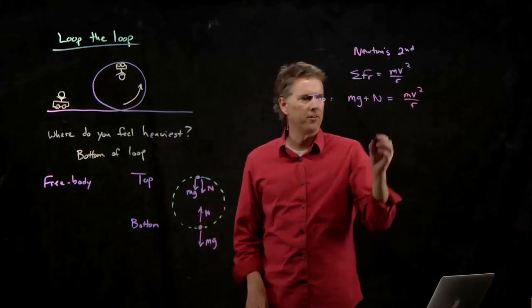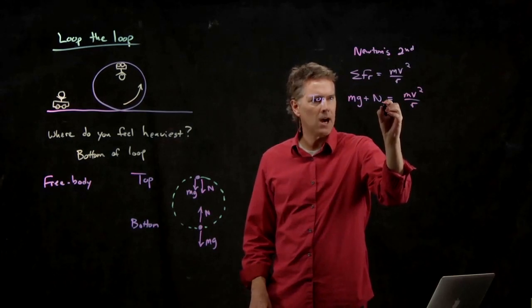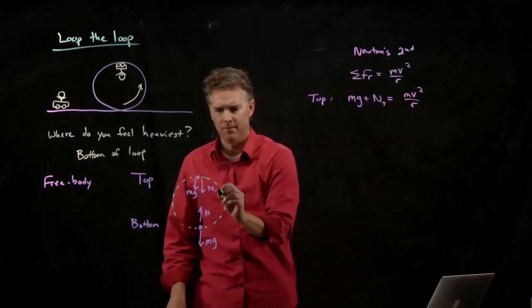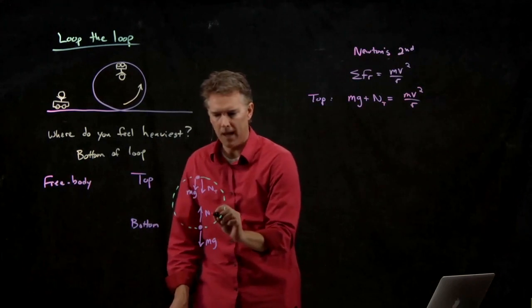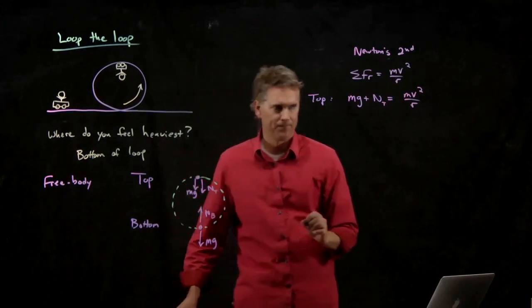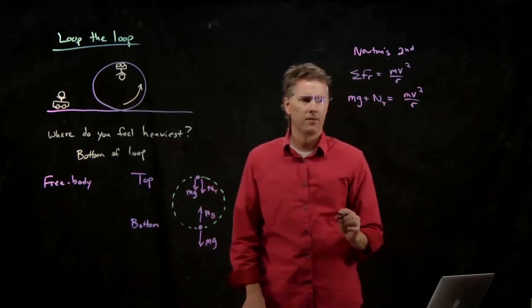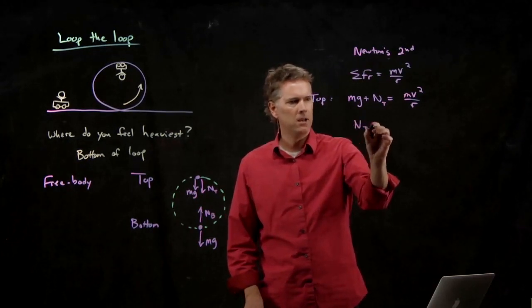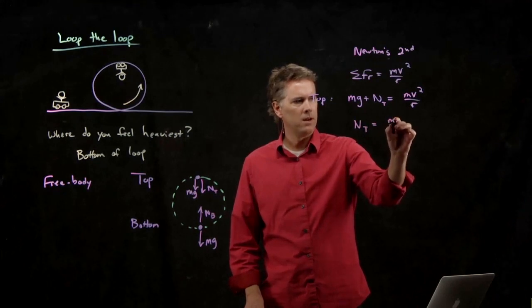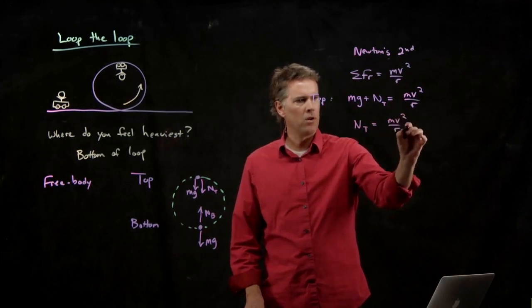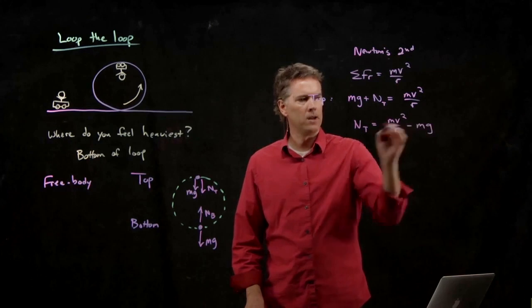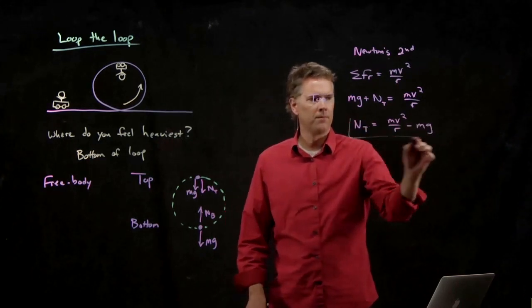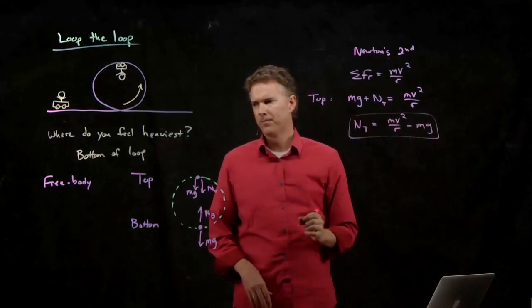And we should be specific that this is N at the top. The other one is going to be N at the bottom. All right, so we can solve this for N_t. We get N_t equals mv squared over r minus mg. Put a box around that one.